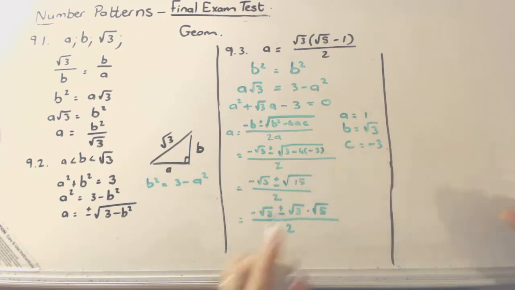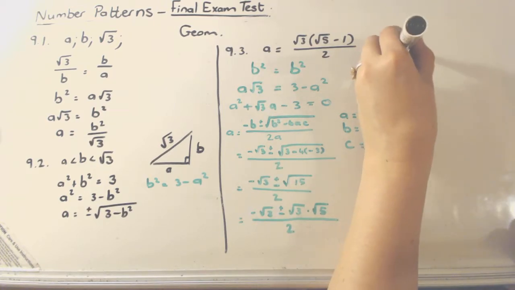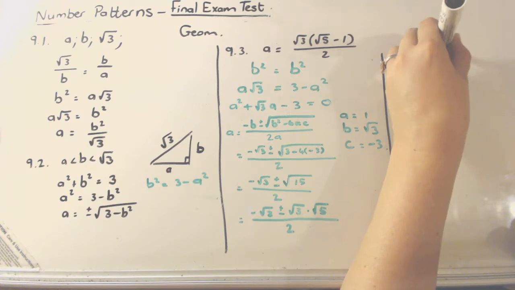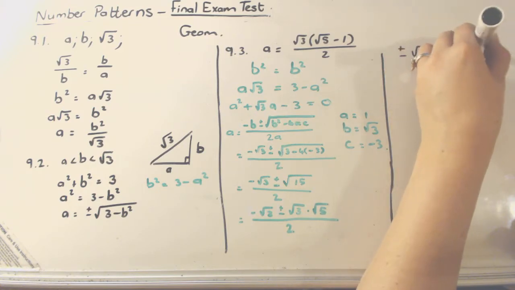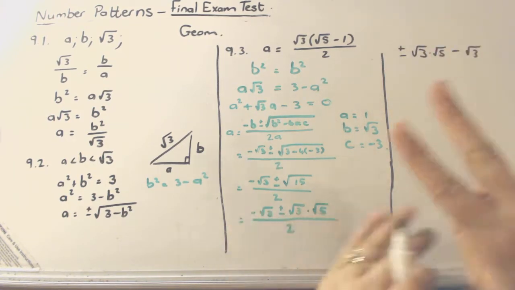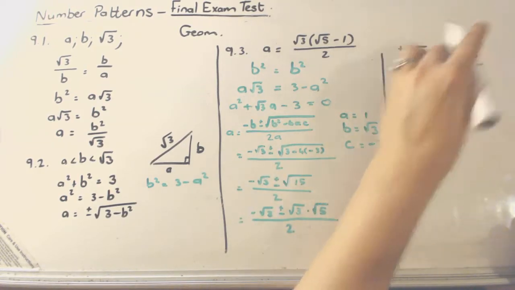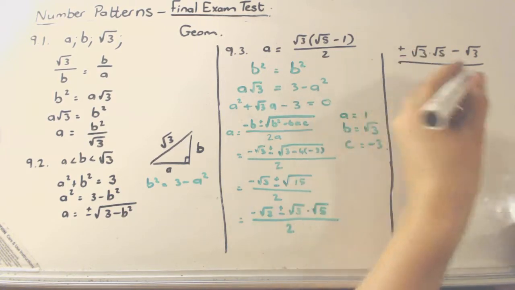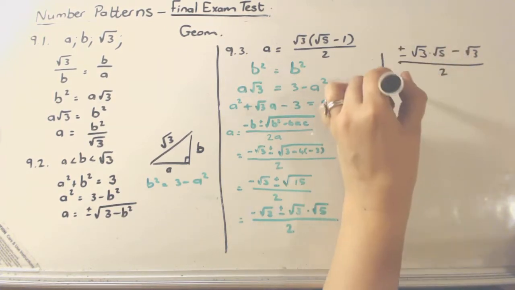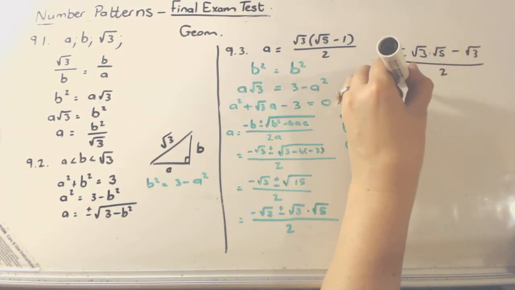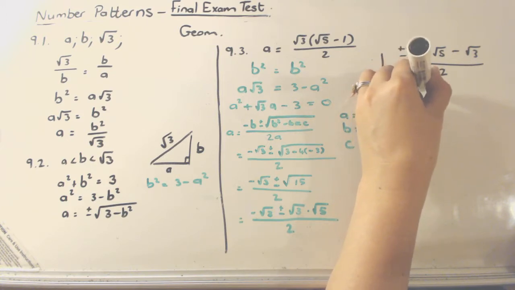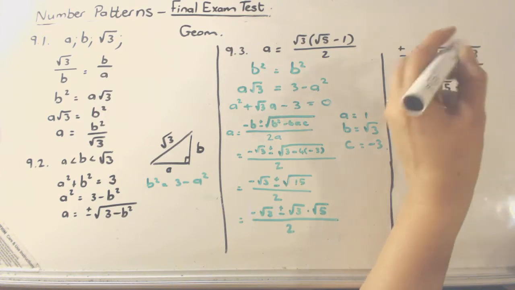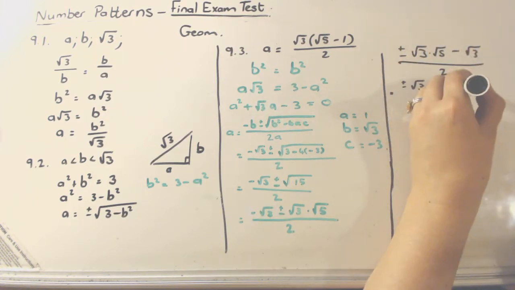Let me swap them around. So I've got plus or minus root 3 times root 5 minus root 3. I just swapped these two terms because I see that's where this is going with the root 5 minus 1. If I take that out over 2, that is then equal to plus or minus root 3 times root 5 minus 1.